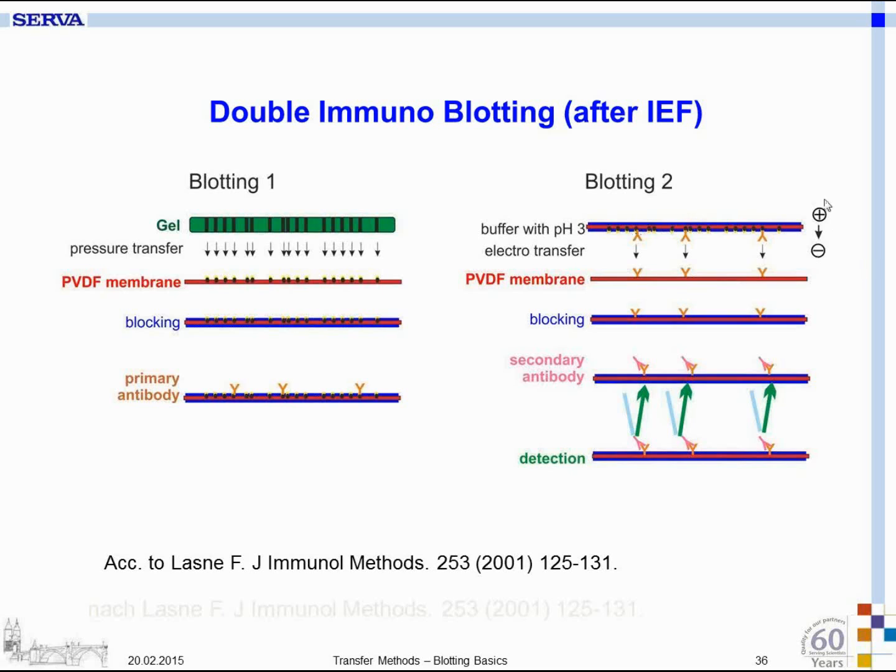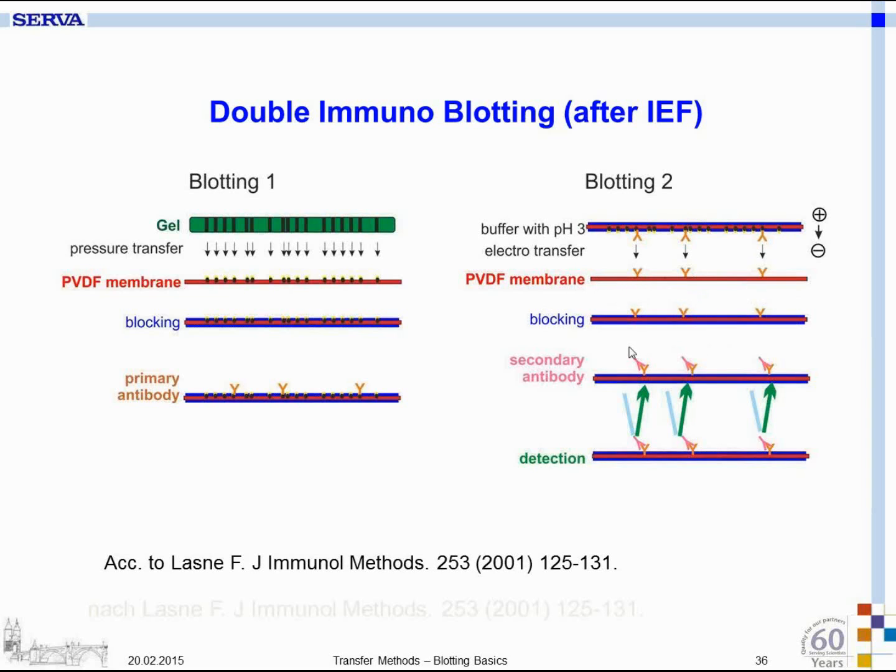So now you transfer at low pH the detecting primary antibodies from the first blot onto a second blot. All the antigens, all the proteins will stay on the first membrane, only the antibodies will come off and will be stuck on the PVDF membrane.